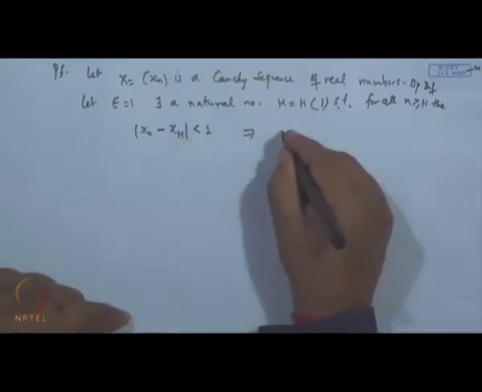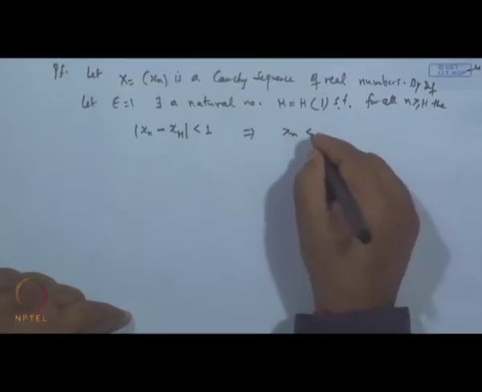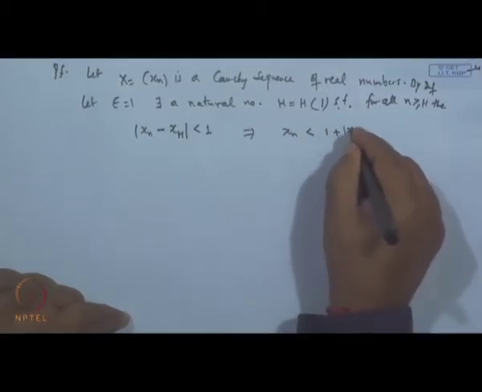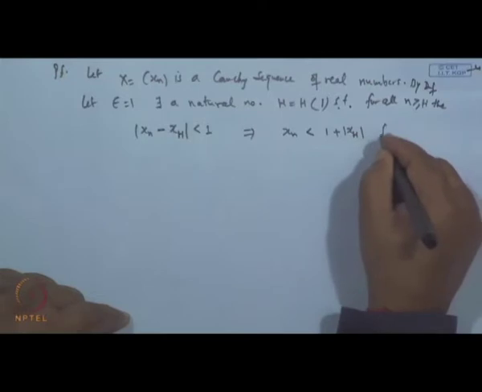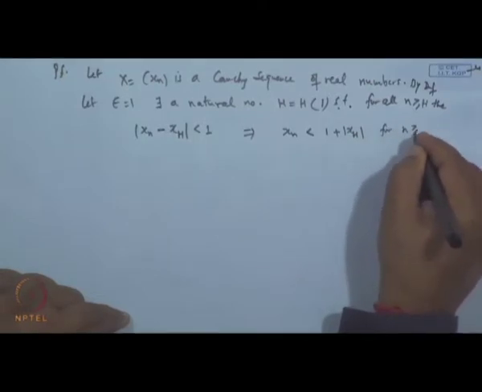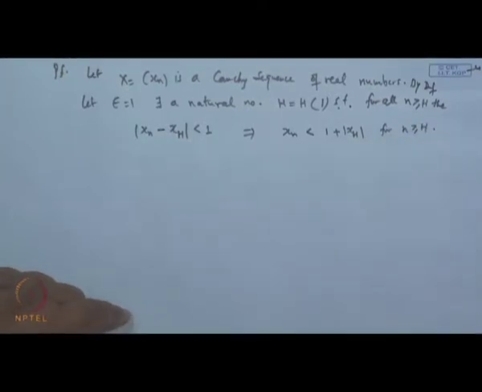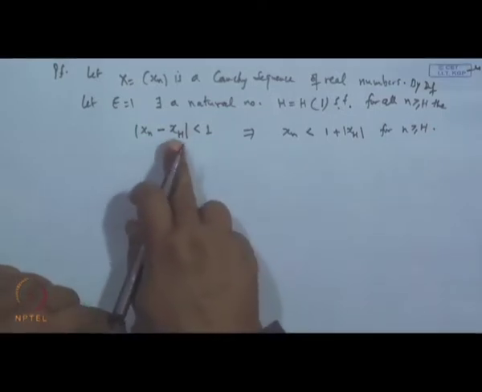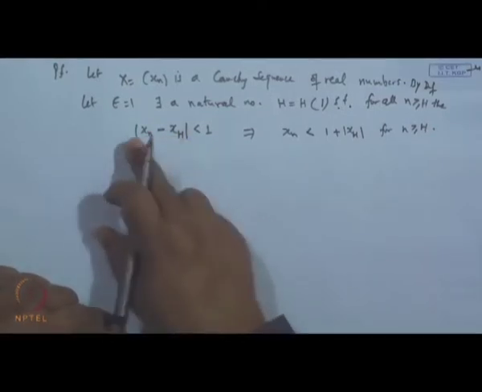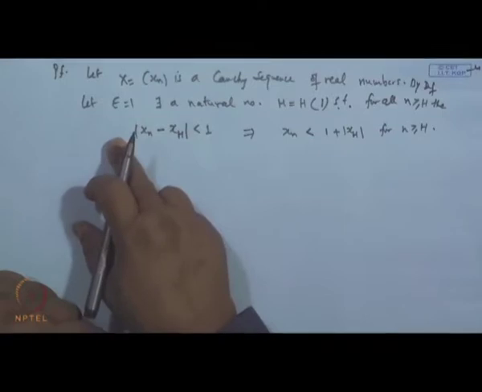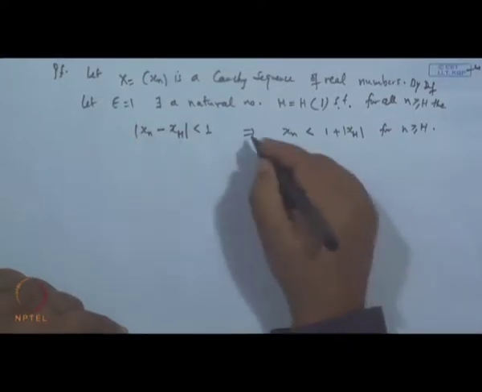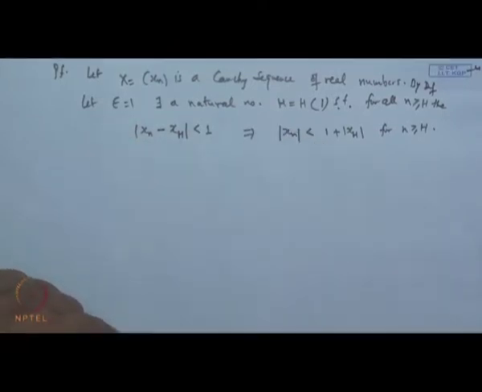This implies that mod x n is less than 1 plus mod x h for all n greater than or equal to h. Let it be 1.